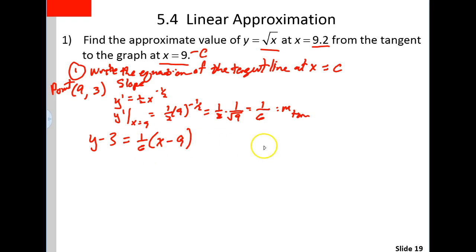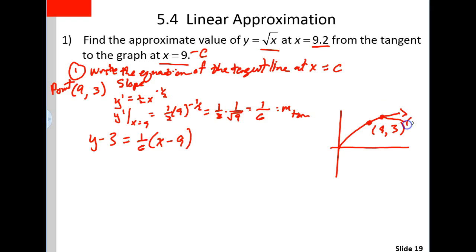All right, so now what does that help us to do? Let's draw a picture. If I draw the graph of the square root of x, it looks like that. Now, there's a point here that we're dealing with, 9 comma 3. Now, what we wish to do is approximate the value of the square root of x at x equals 9.2. So we are trying to approximate the y value at this point.